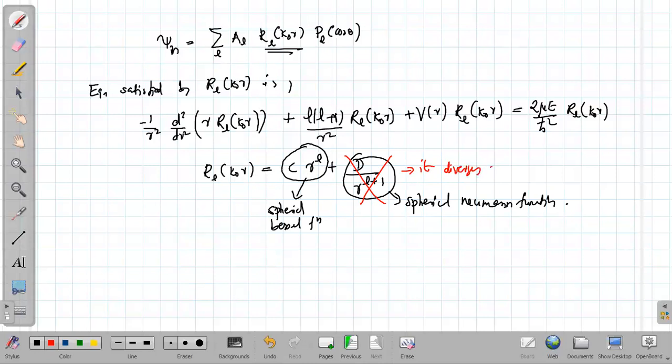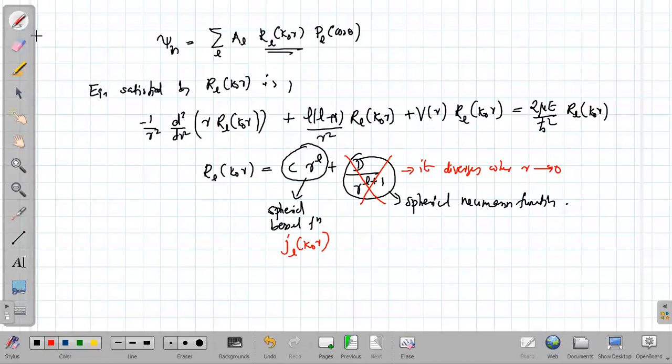So hence this K0R takes the spherical Bessel function, which we denote as JL of K0R.